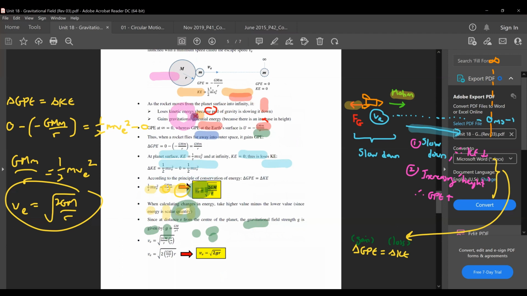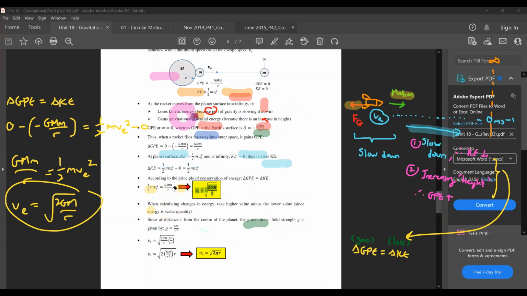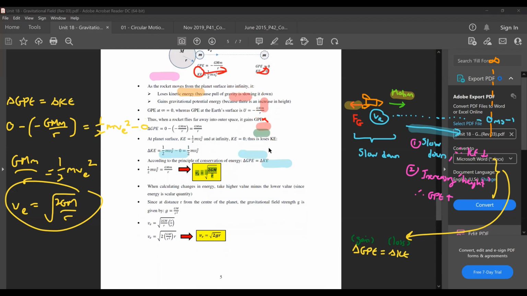The square root of 2GM over r is escape speed: the speed that your object would need in order to escape all the way to infinity.